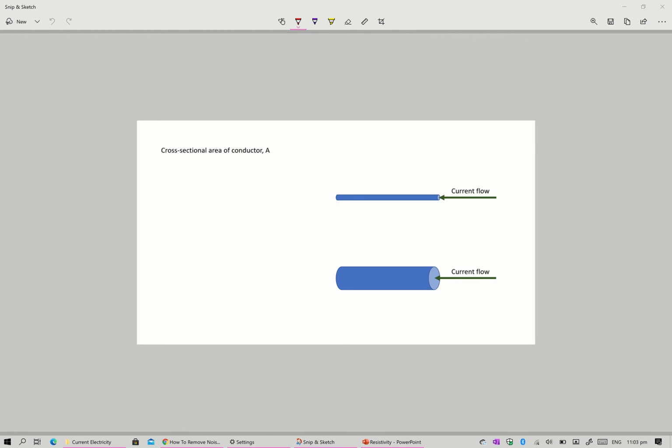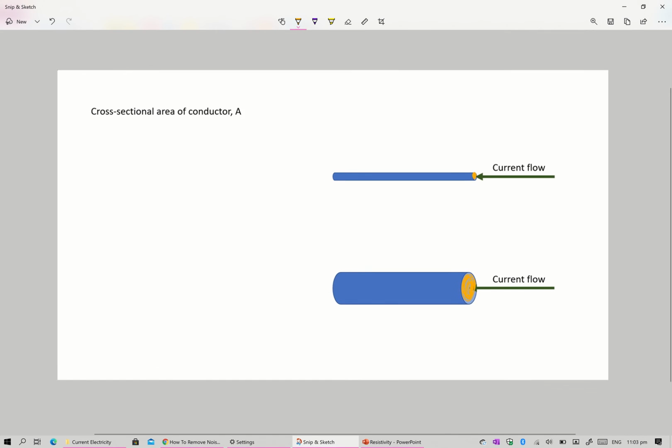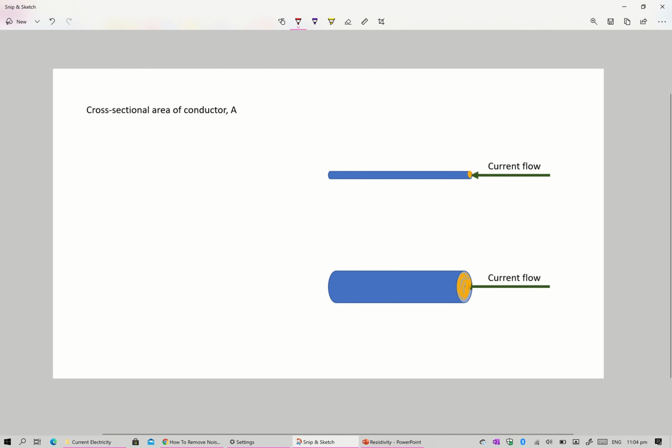How about the cross-sectional area of the conductor? Let me highlight again. This is the cross-sectional area and this is the cross-sectional area. Let's have this analogy.